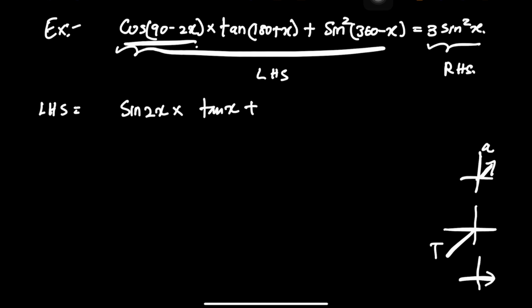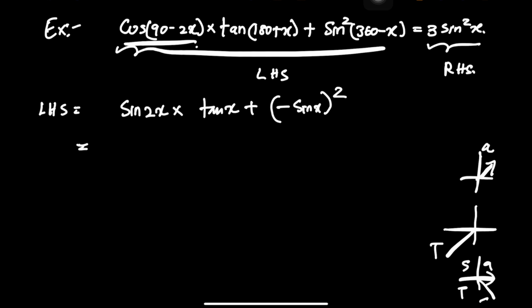360 is here, right? 360 minus x lies in the fourth quadrant. So the value is going to be, All Silver Tea Cups, so 360 minus x is going to change into minus sine x, but it has a square on it.